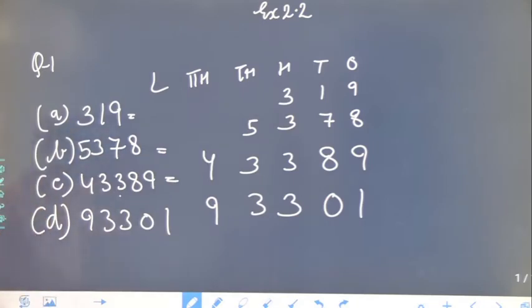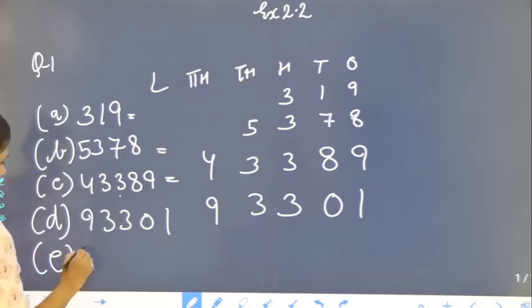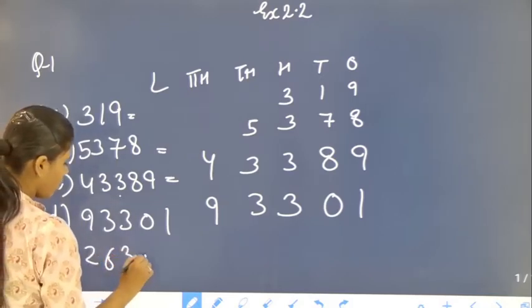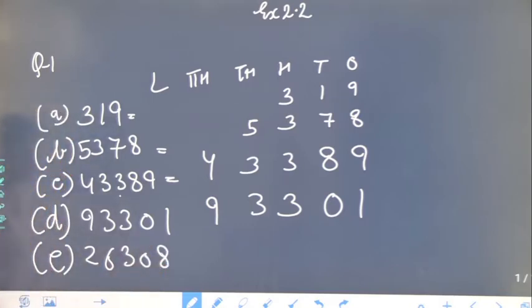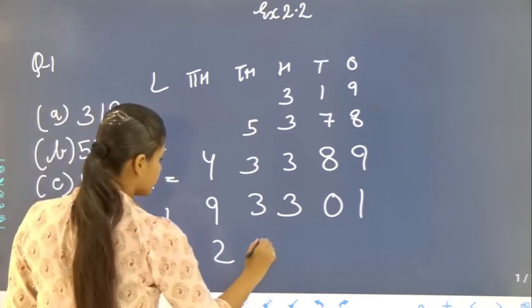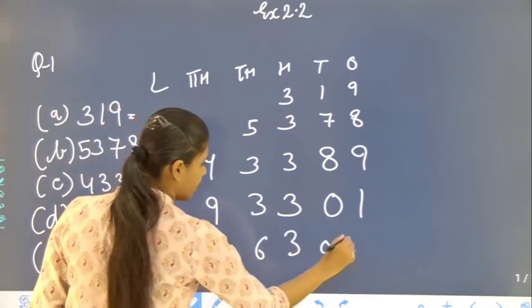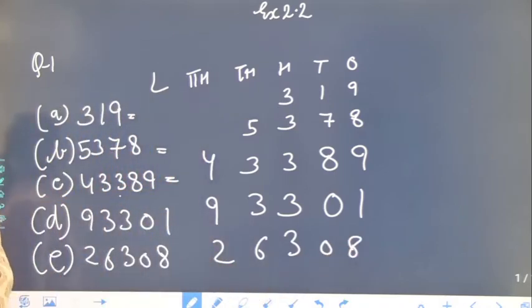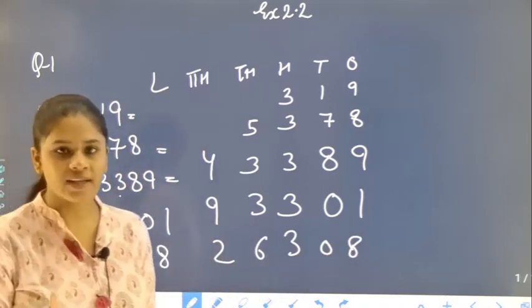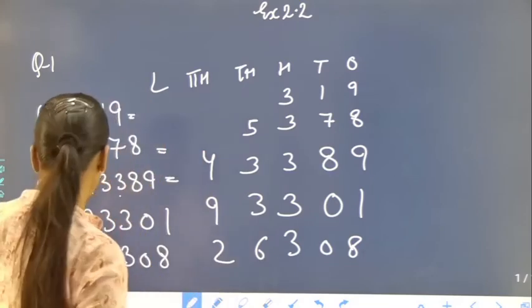Now move to the next part, that is E. 26308. हम इसको कैसे लिखेंगे स्टूडेंट्स? वंस, टेंस, 100, 1000, 10,000. अगेन 26308. First you have to draw the table in your maths notebook, then you have to solve the sums.